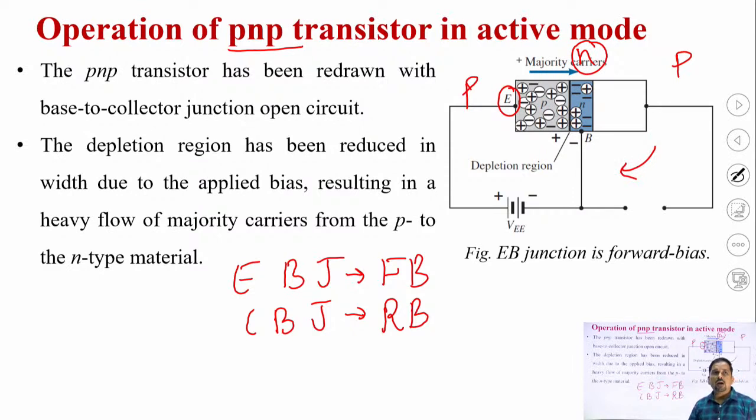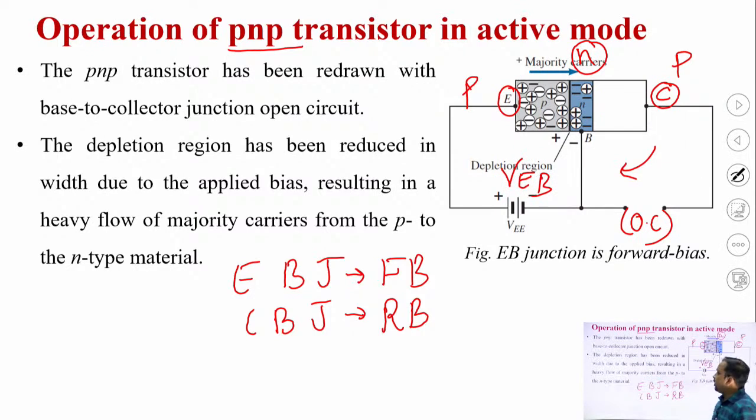We are not going to analyze both effects directly. First we consider the emitter base voltage, and we open-circuit the collector base terminal. We are seeing the effect of only the emitter base voltage, VEB.